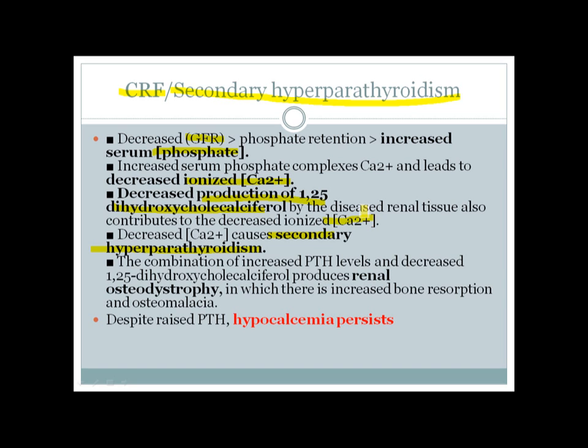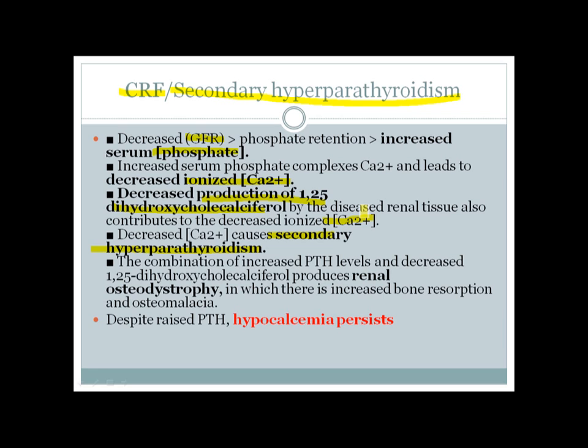So you see, the hypocalcemia that occurs in chronic renal failure occurs by different mechanisms. First, you have a buildup of phosphate which binds calcium and reduces its level. You have a decreased synthesis of vitamin D, which actually reduces calcium, because vitamin D is responsible for calcium absorption from the intestines, calcium reabsorption from the bones, and that's why you have hypocalcemia.